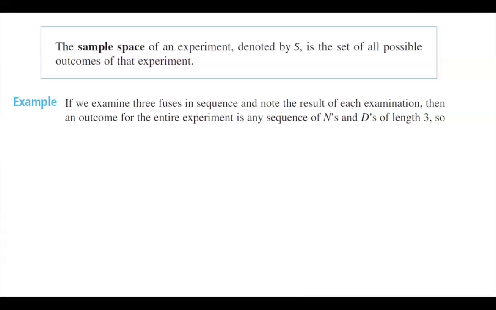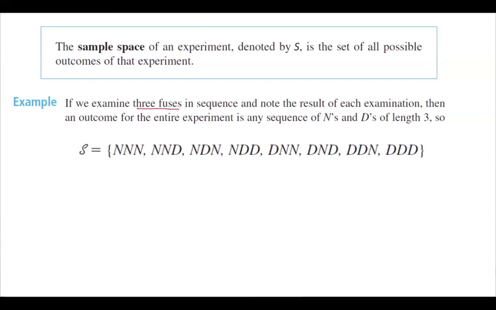If we examine 3 fuses instead of just one fuse in sequence, and note the result of each examination, then an outcome for the entire experiment is any sequence of N's and D's of length 3. So this sample space, which is basically the set of all possible outcomes, includes 8 outcomes.